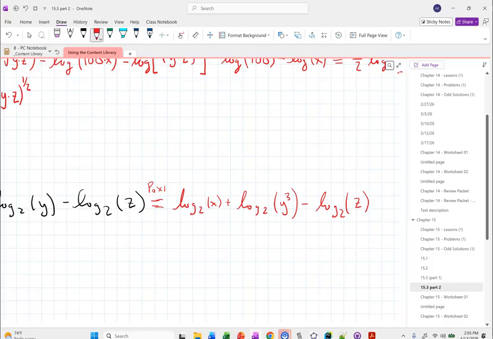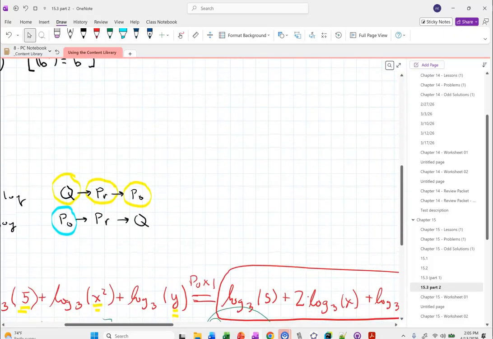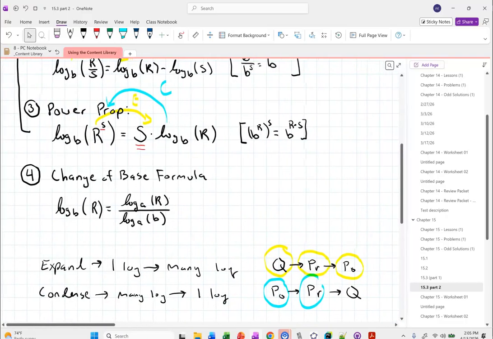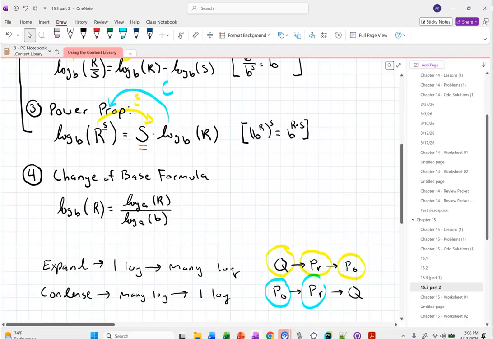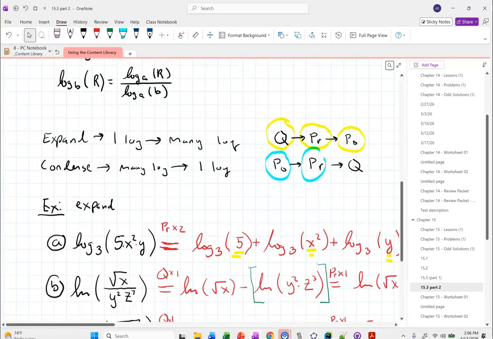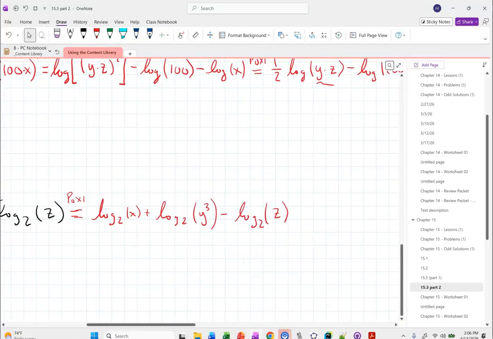The next thing we're going to look for now is a product property. So if I look here, we're going to be looking for addition between the logarithms. Do I have any power property or product properties going on? Product properties. Yes. How many product properties do I have?